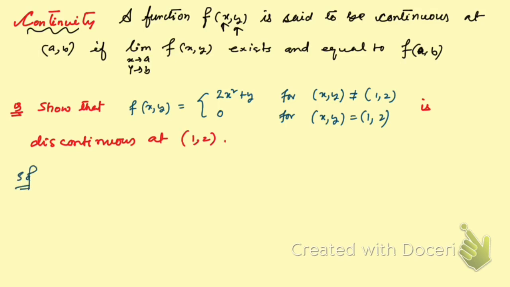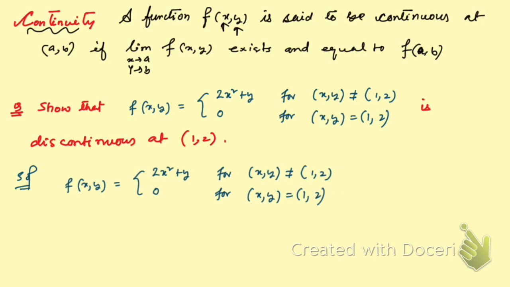First, let me write the given function as it is. So this is the given function here. First let me find the value of f of (a, b). Here (a, b) is nothing but (1, 2). So f of (1, 2) is, when (x, y) is equal to (1, 2), equal to 0, so we can write directly 0.